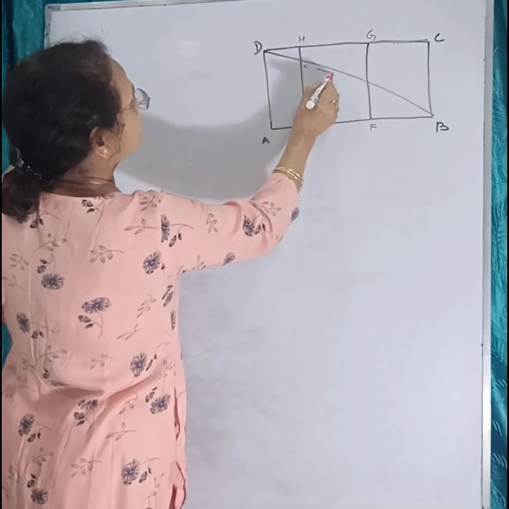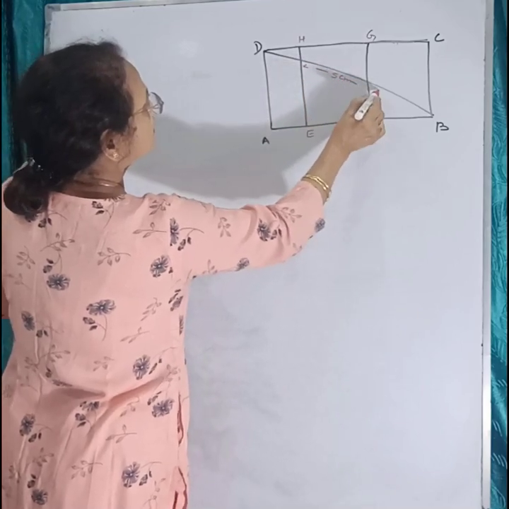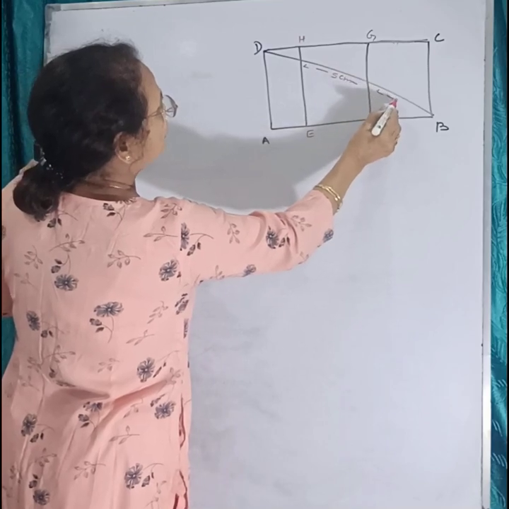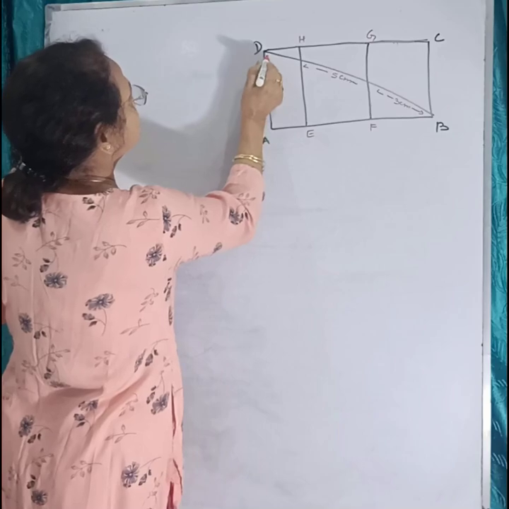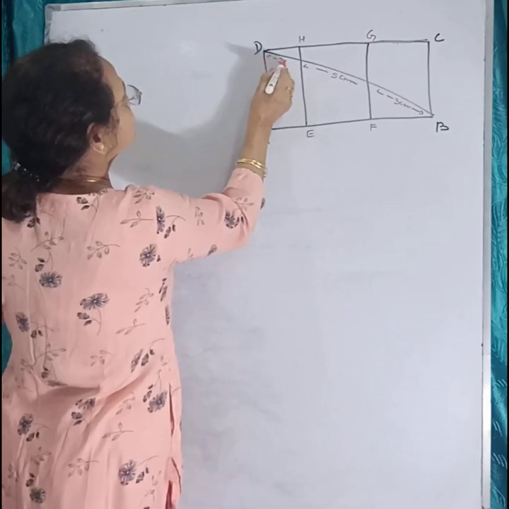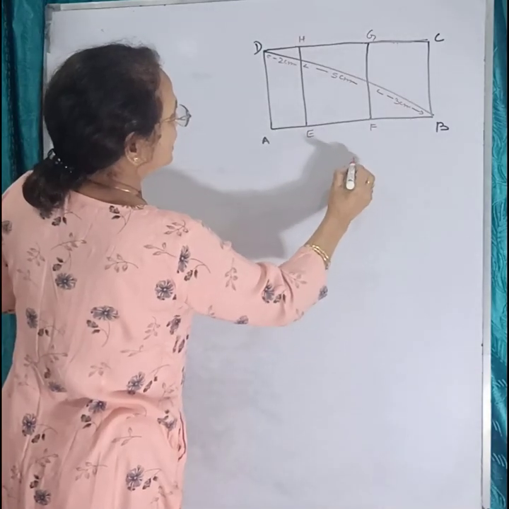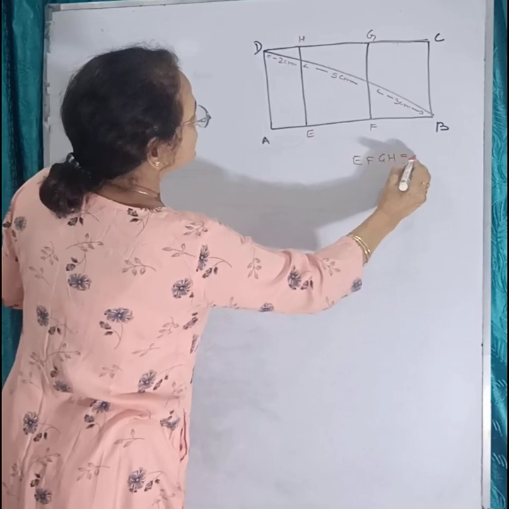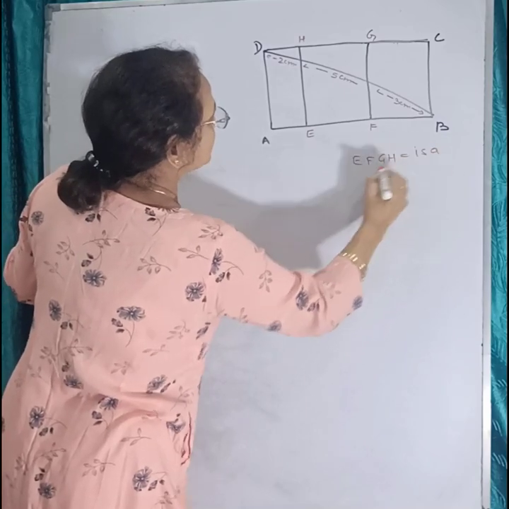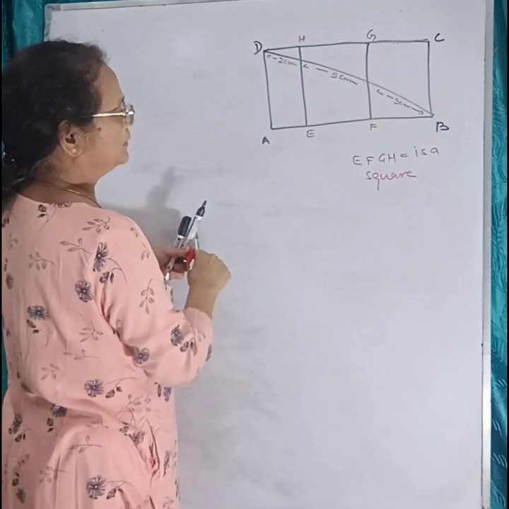This length is 5. This is 3. And this is 2. EFGH is a square. एक स्क्वायर है.